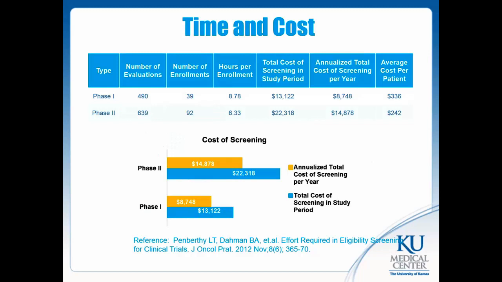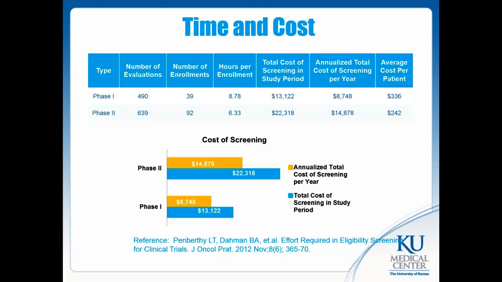When we look at a phase one, phase two trial, we thought we'd take an example of a study, and you can see the number of evaluations. We had to evaluate 490 patients to enroll just 39 participants, because every clinical trial has a set of inclusion and exclusion criteria. Unless a patient is qualified and gets through all those inclusion and exclusion criteria, we cannot enroll them.